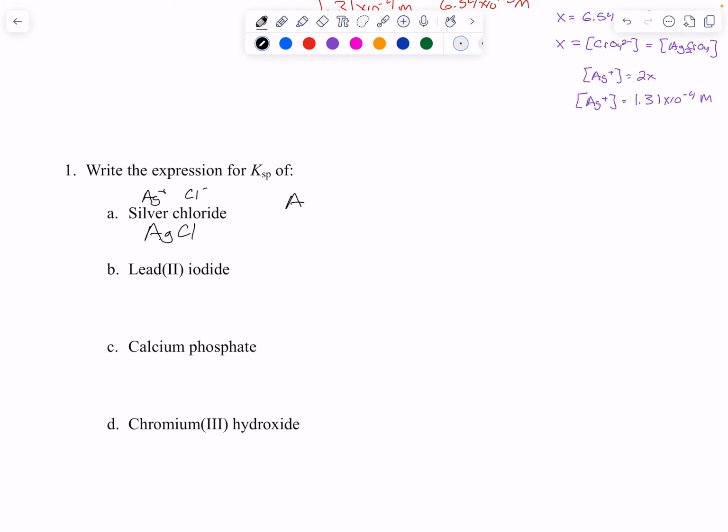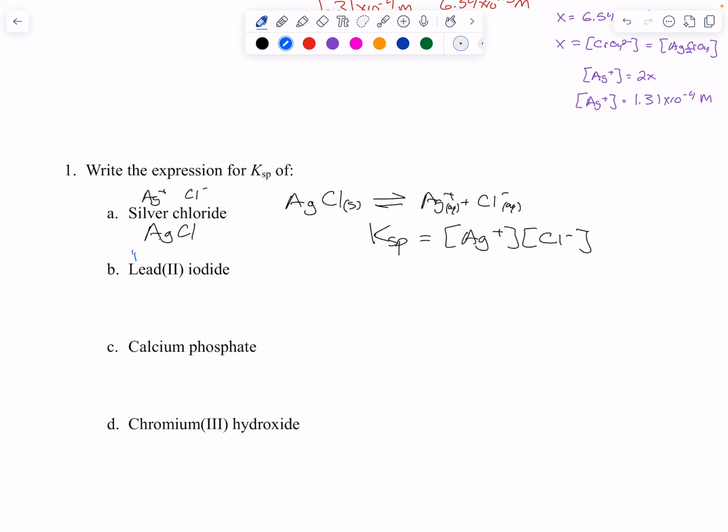If you need to, you don't have to do this because this is the reaction. But the Ksp is equal to silver ion and chloride. So that's what we're looking for here. All right, but you might have to write it out.